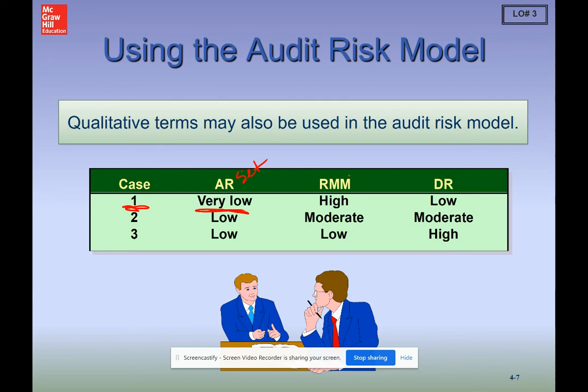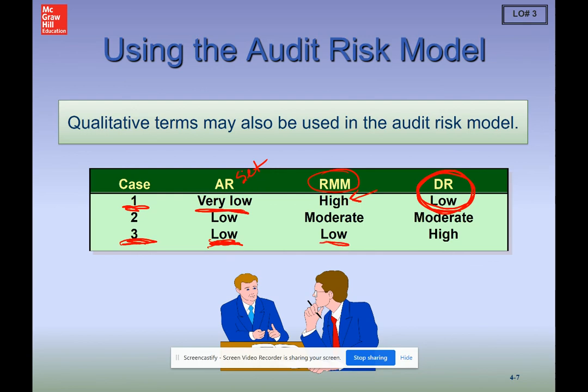They've determined that risk of material misstatement here is high. So in order to get audit risk low, they've got to put detection risk low. In case number three, however, audit risk is low. There's a low risk of coming to the wrong conclusion.